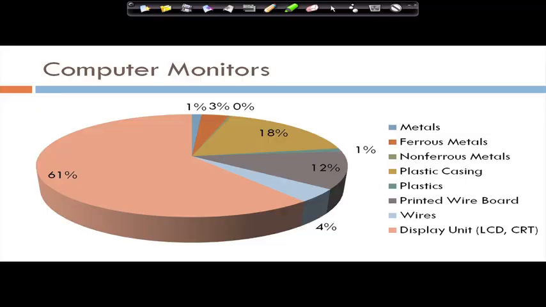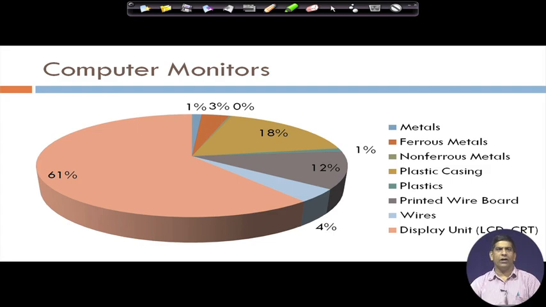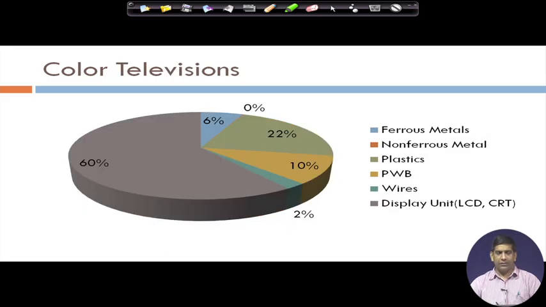If you go to computer monitors, again we have a display unit, LCD or CRT, where the glass share is very high, and then we have some ferrous, some non-ferrous, some plastics, printed wire board, and wires. Color television again has ferrous metals, non-ferrous metals, some plastics, and printed wire board. The display unit is the major one. Then the printed wire board is around 10%. Wires, and lots of plastics, around 22%.